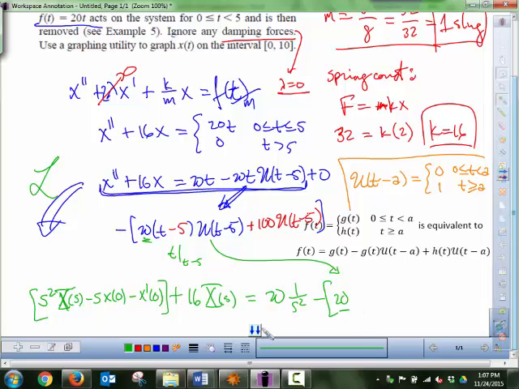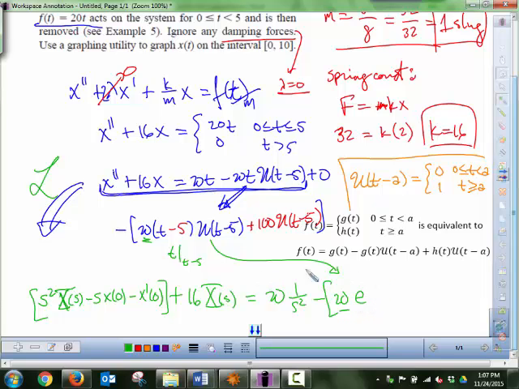T translates as 1 over s squared. So it's going to be 1 over s squared. But then because there was a translation in the t, we have to include this exponential function. Let me rewrite this a little neater.